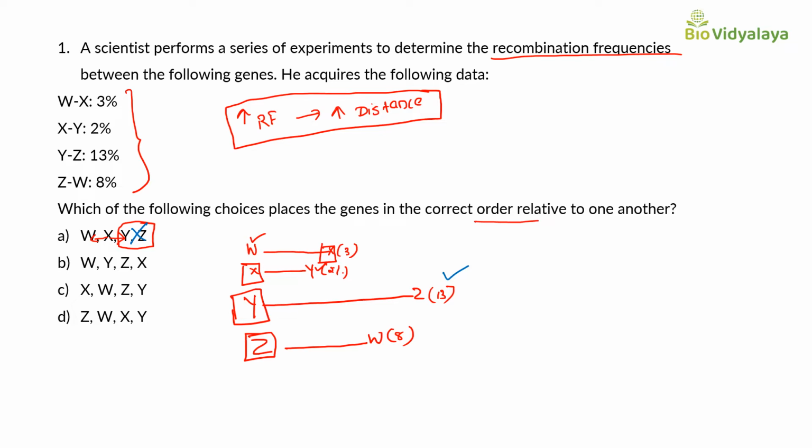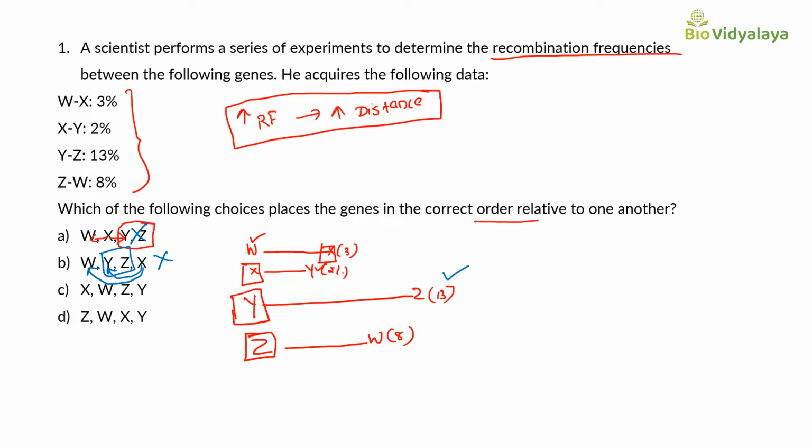Next option B. Here X is far apart from W. This is not possible. Here you can see that X is far apart from Y also. And here Y and Z are closer. So this option is not correct.